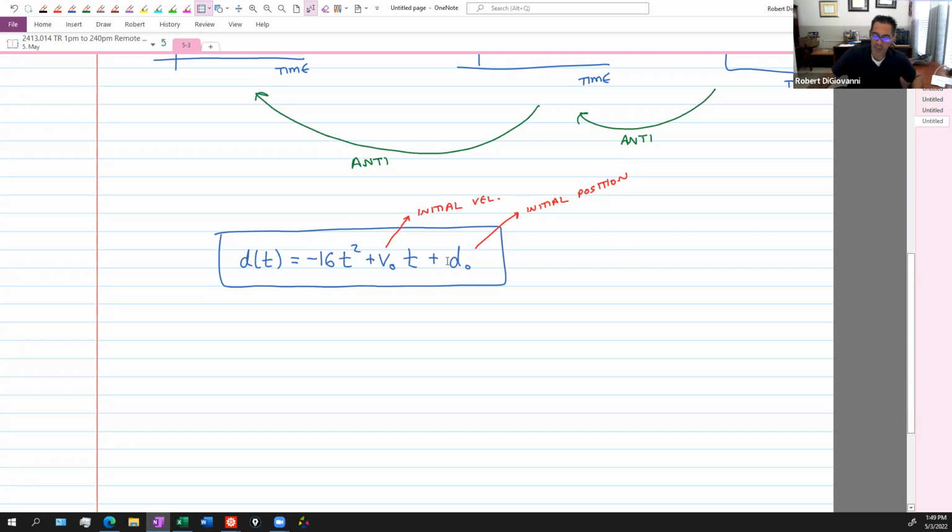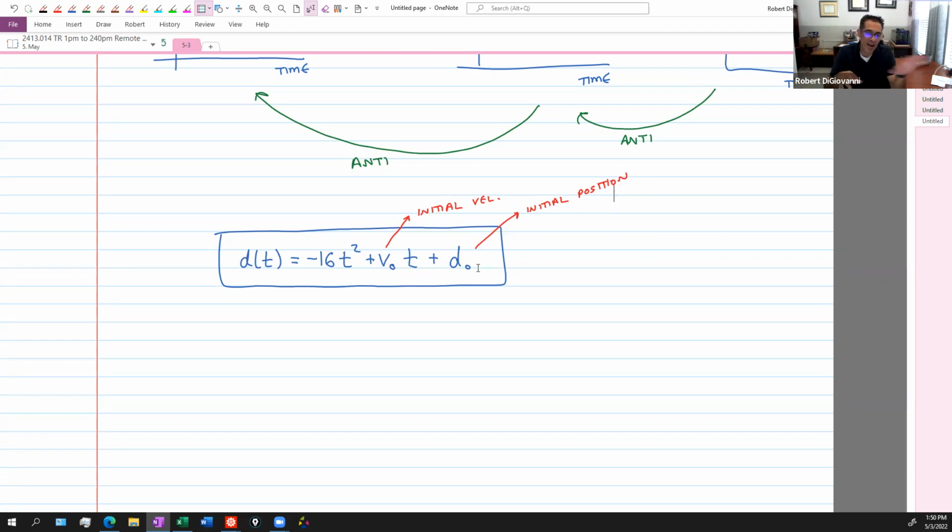You replace that with 700 because that's where you drop it from. And then the initial velocity is whether you just dropped it, or threw it down, or threw it up before you let it go. This formula will tell you exactly how high off the ground that object will be after a certain amount of time.